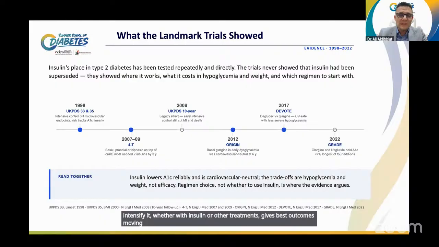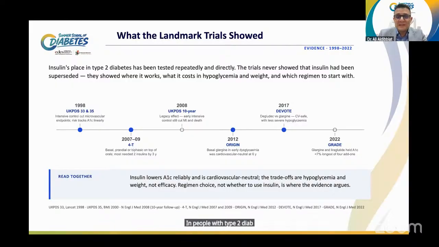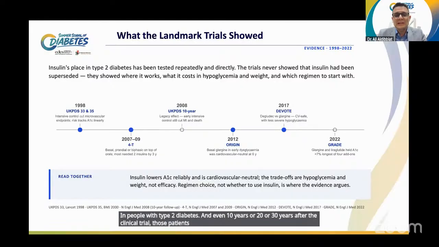It was truly the landmark study that enabled the new philosophy of treating diabetes in people with type 2 diabetes. Even 10, 20, or 30 years after the trial, those patients who were enrolled, though no longer in the trial, still continue to harvest the benefit. When you intensify therapy, you get benefit in the future.